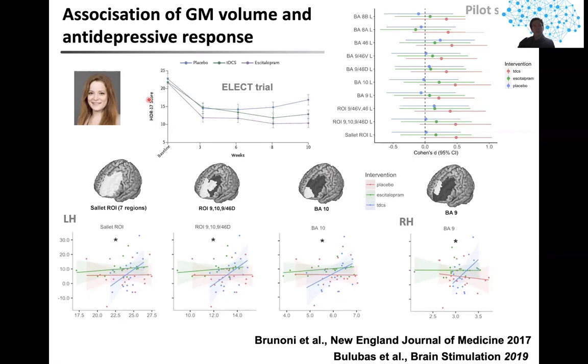The interesting fact is that this was only specific, this gray matter area, for the modality of prefrontal tDCS. It was not given for the antidepressive medication or the placebo condition, the two other arms. Their effect sizes are shown above, and these effects reflect some preliminary interpretation that we could use DLPFC gray matter for therapy planning.